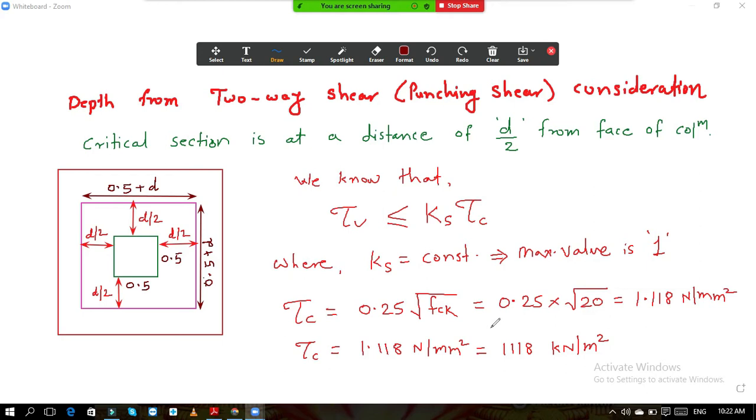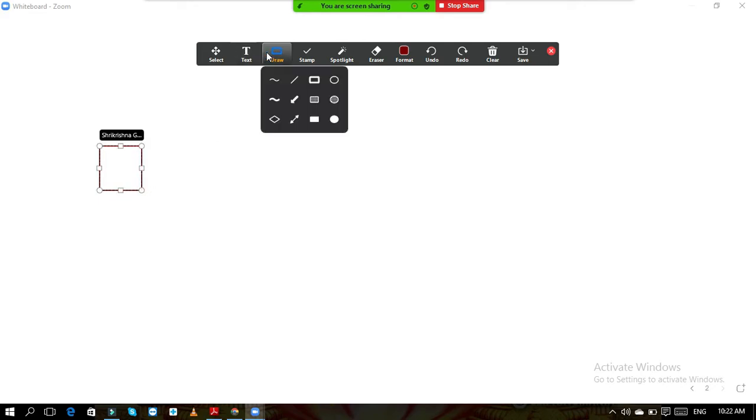Now I will tell you the important note where we are going to calculate the shear force. So I will draw another diagram. Now this diagram I am drawing for your understanding. There is no need to draw this diagram in the examination. Okay, so this is our column.